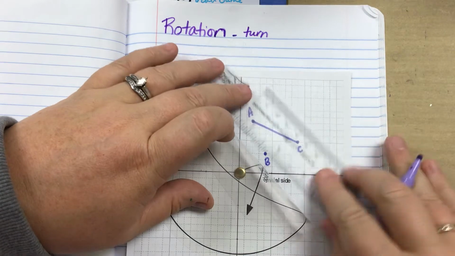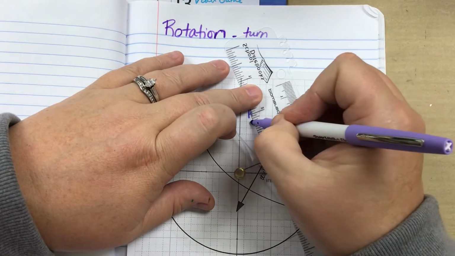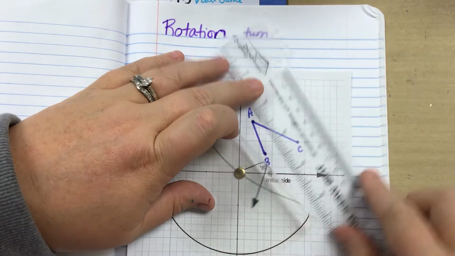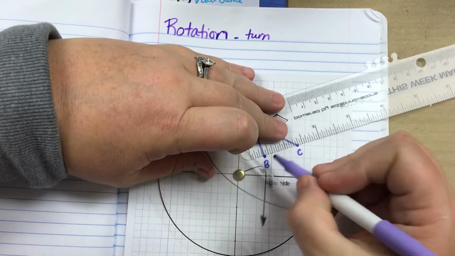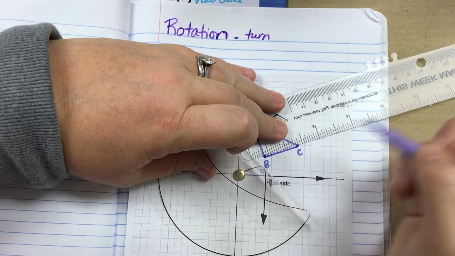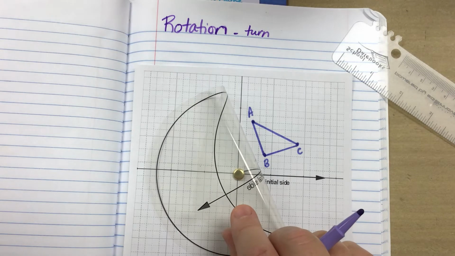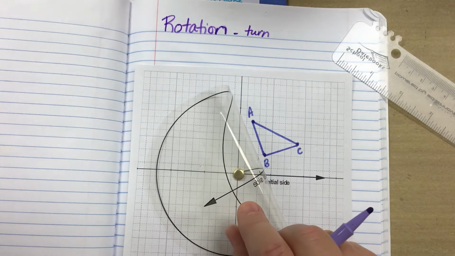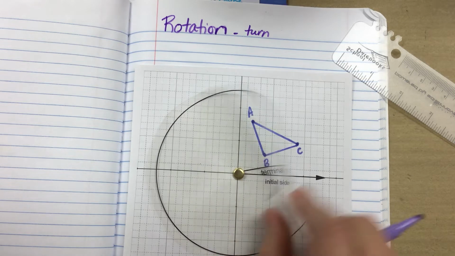Please be neat, because if you are sloppy, it might make reading your points after we do a rotation a little more complicated for you. So there is my triangle. I drew it in the first quadrant. Your points do not have to be at the exact location of mine, but you're going to draw it in the first quadrant, okay?